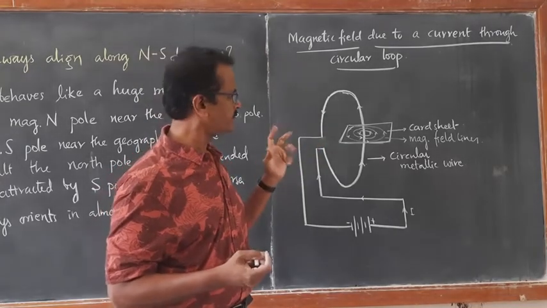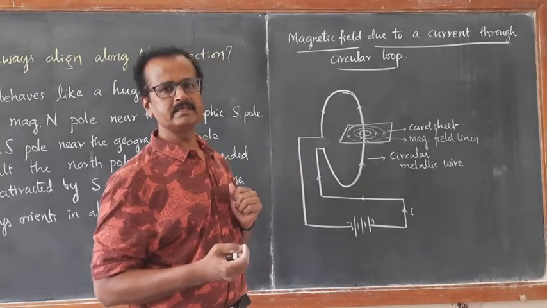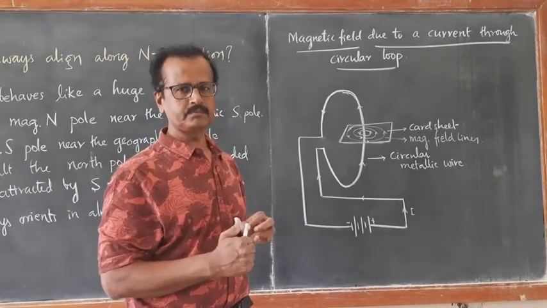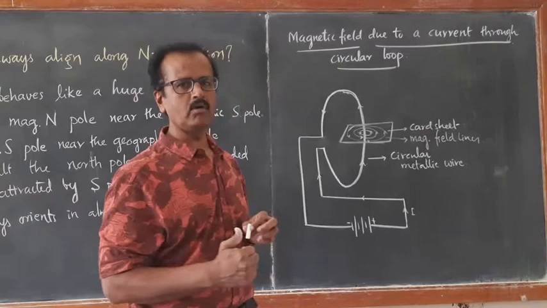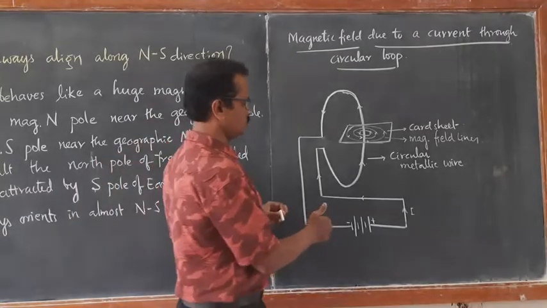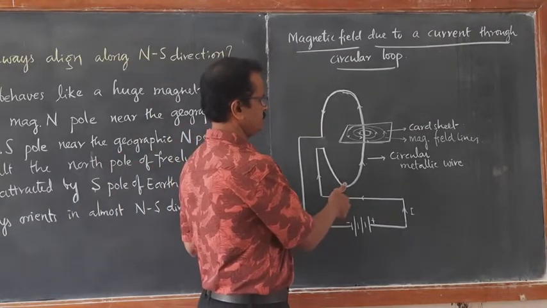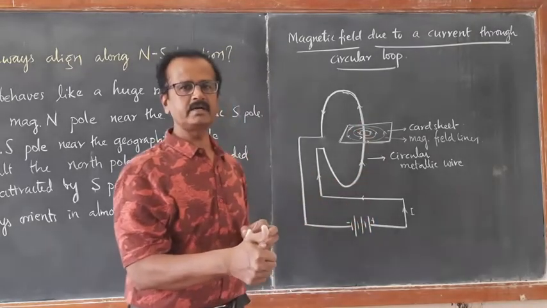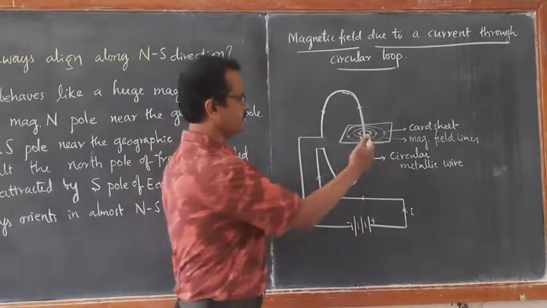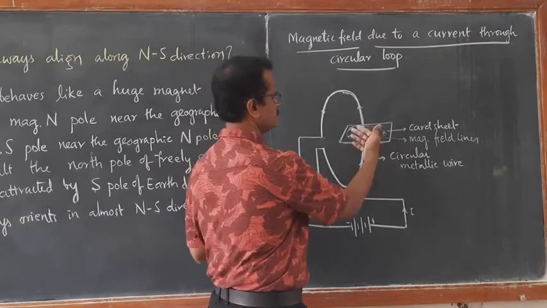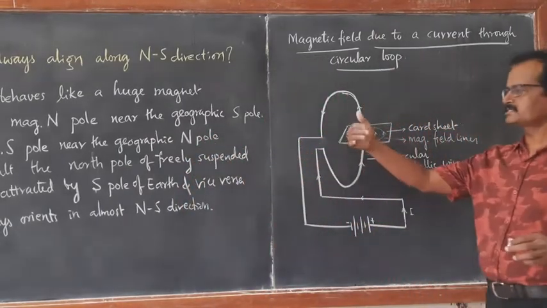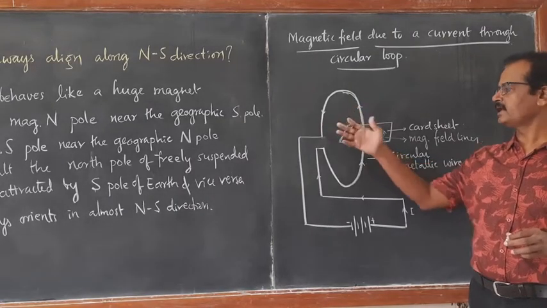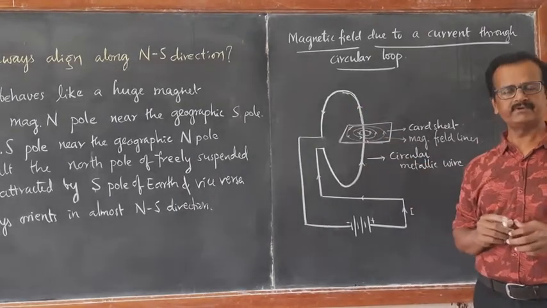Then how to find out the direction of these magnetic field lines? Again we follow the right hand rule, the right hand screw rule or right hand thumb rule. Show the direction of the current along the thumb. Then the curling of the fingers, you see how the fingers wrap around the thumb, that gives you the direction of the magnetic field lines.